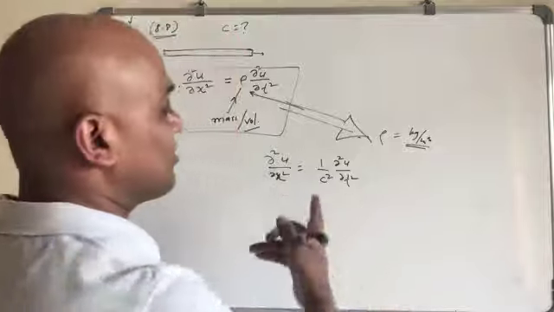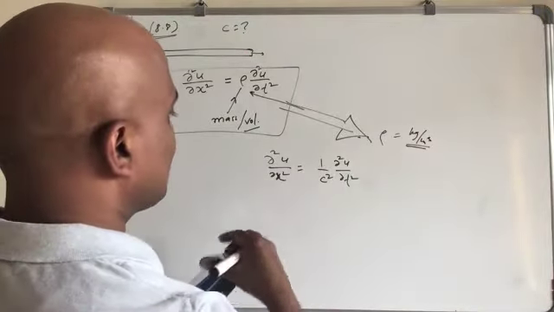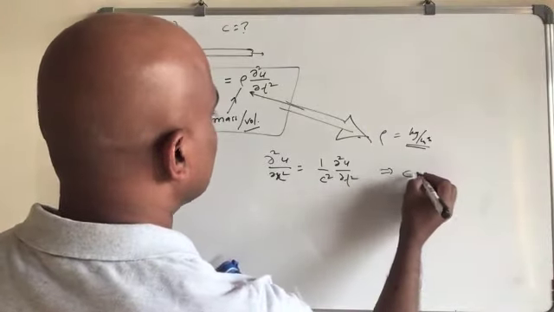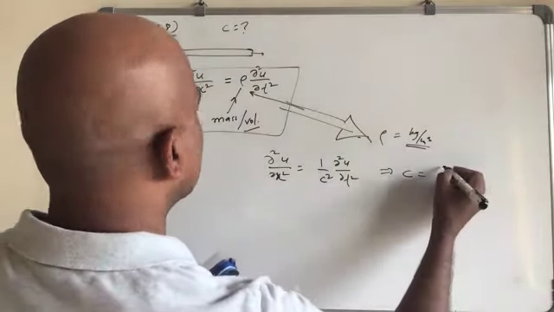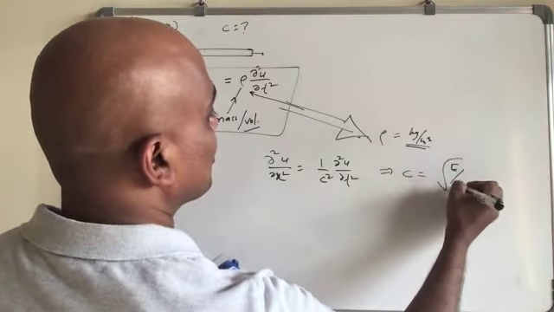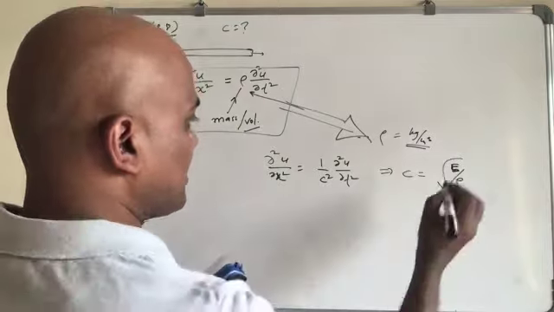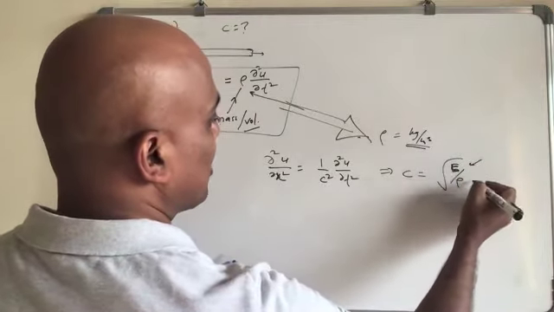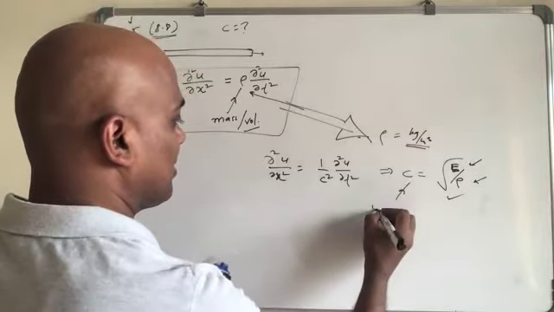Similar dimensional analysis you can do, and you can find that c will be equal to root of E over rho. E is Young's modulus, rho is given, so you can find the velocity. This is the wave velocity.